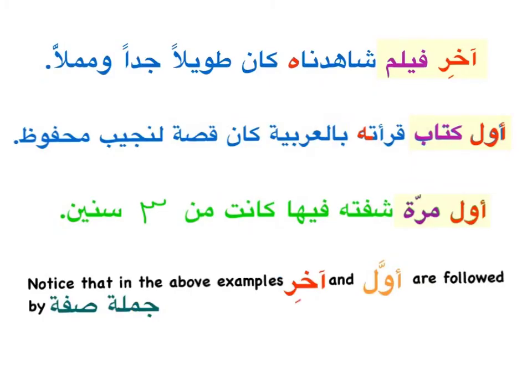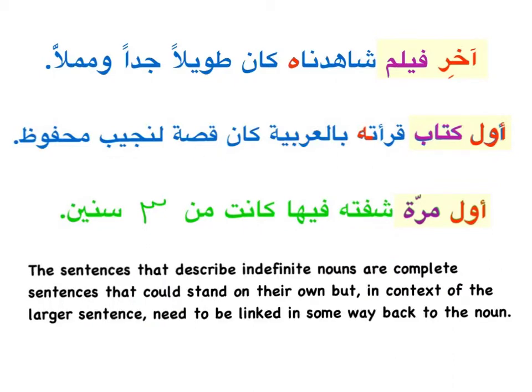Notice that in the above examples, أول and آخر are followed by جملة الصفة. What is جملة الصفة? جملة الصفة are sentences that describe an indefinite noun, like film here, and it's a complete sentence that can stand on its own, but in the context of a larger sentence needs to be related and linked back to the noun.